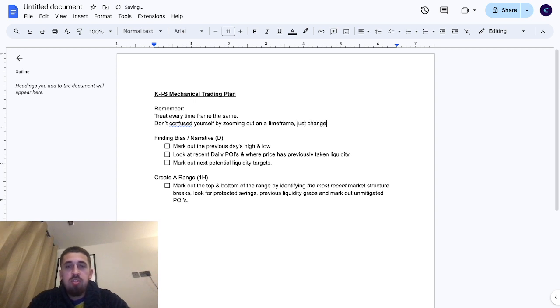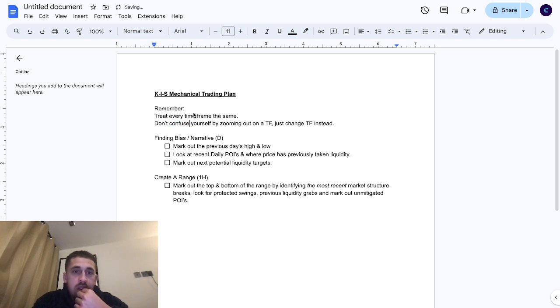Just change time frame instead. Don't confuse yourself by zooming out on a time frame, just change time frame instead.